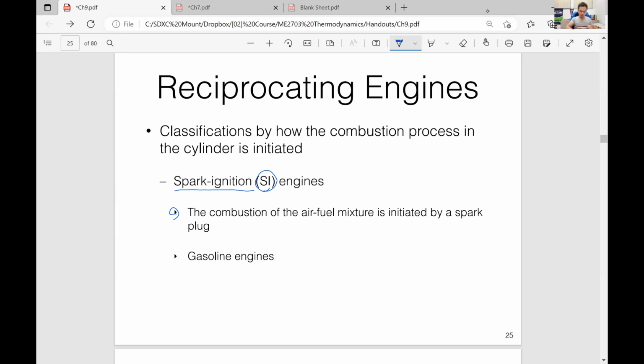Most gasoline engines are spark ignition engines. If you have a motorcycle, most motorcycle engines are gasoline engines, and the combustion in your motorcycle engine is initiated by a spark plug.